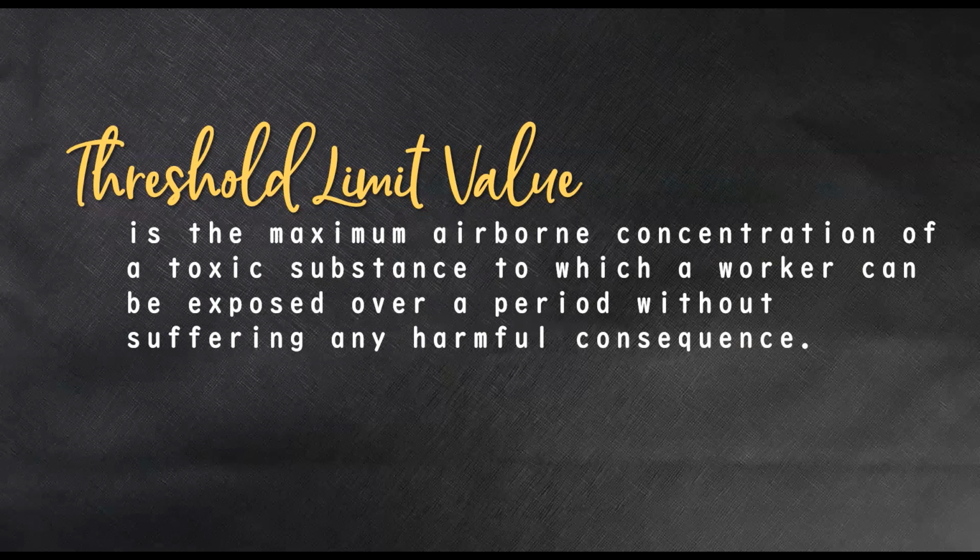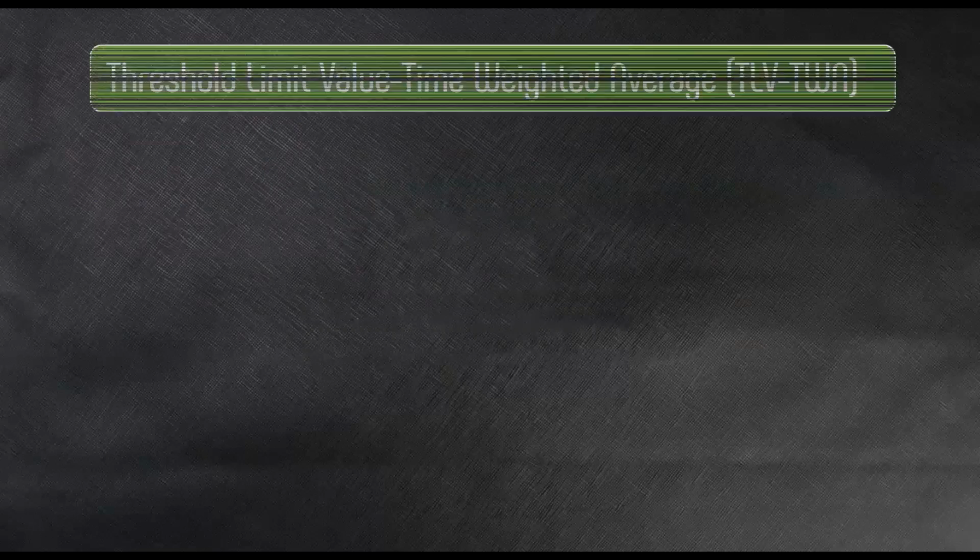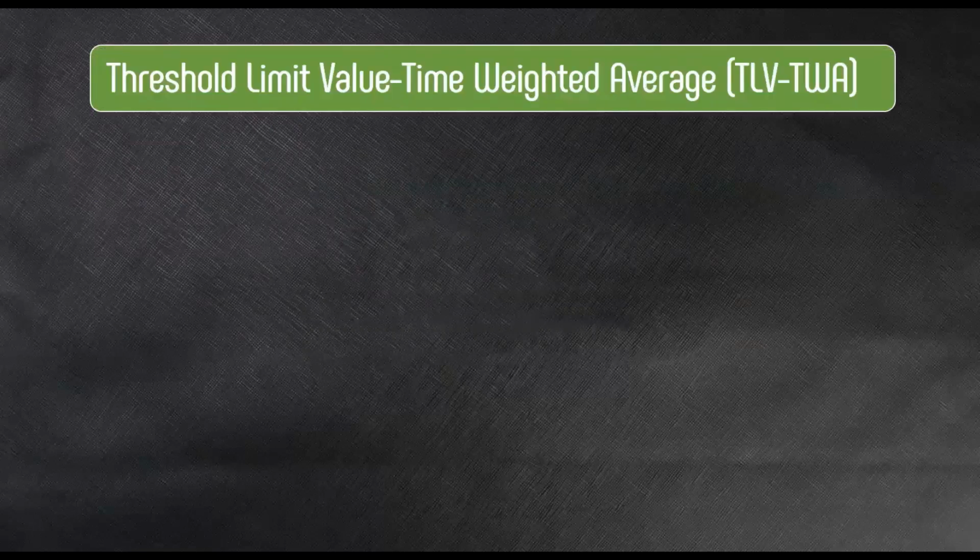At this concentration, the worker will not experience any adverse health effects. In other words, this is still the safe concentration to which a worker can be exposed without causing any illness or diseases. Okay? Is that clear? Now, we have different types of threshold limit value. We have first the time-weighted average, the TLV-TWA.